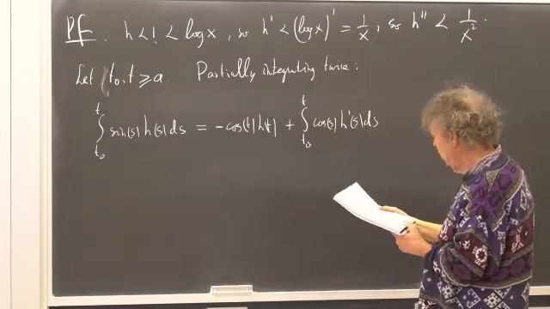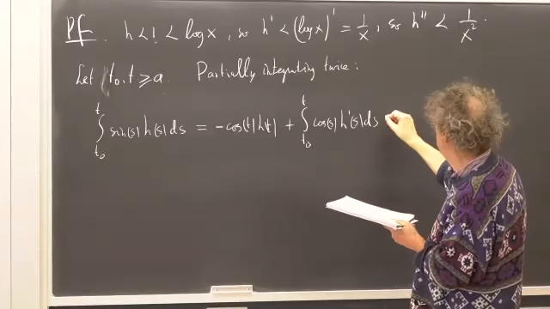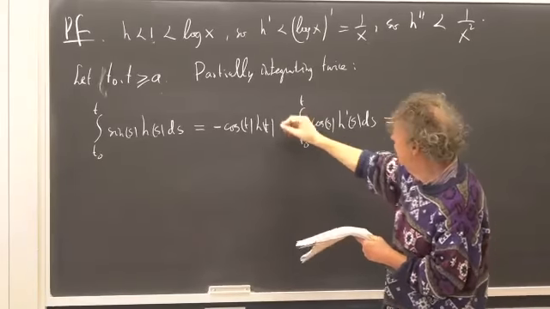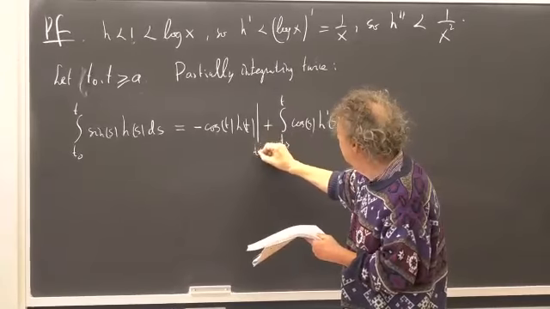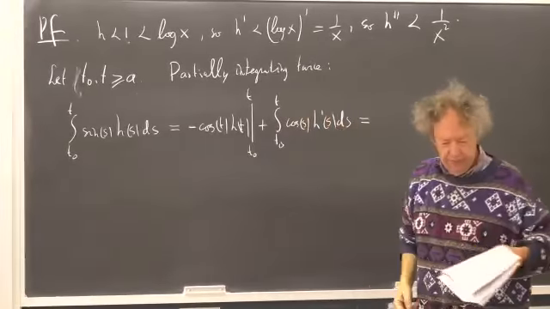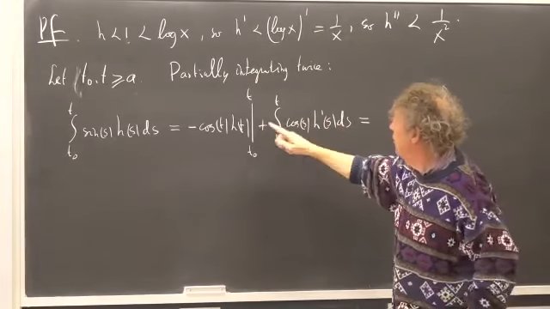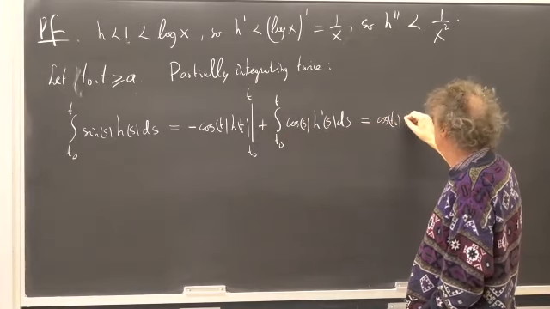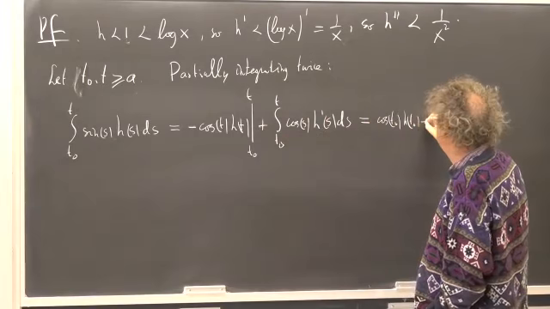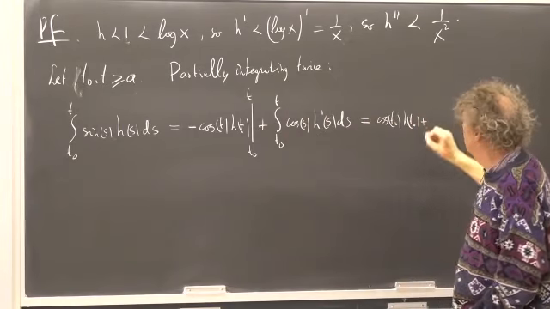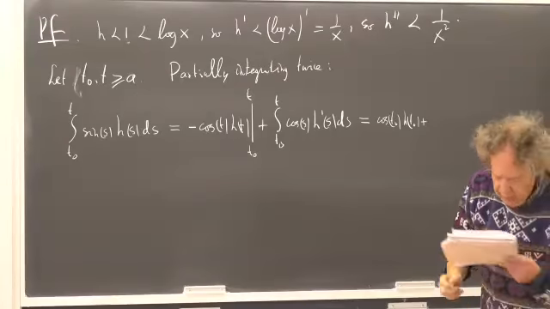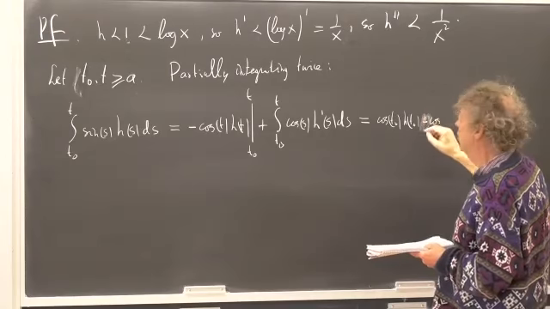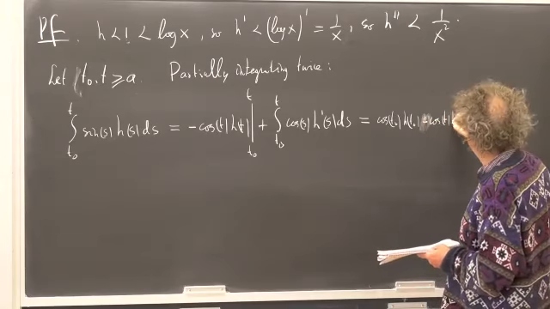Sorry, I have to put here, of course, the bounds. Partially integrating, writing this out, we get cosine t0 h(t0) minus cosine t h(t).